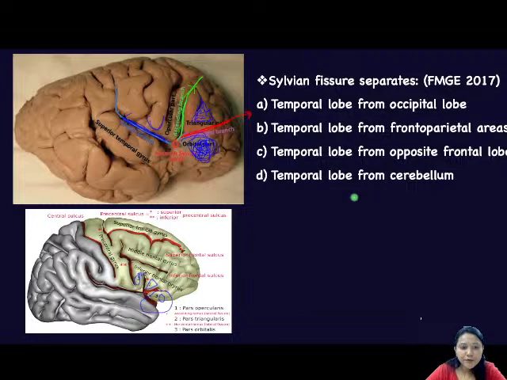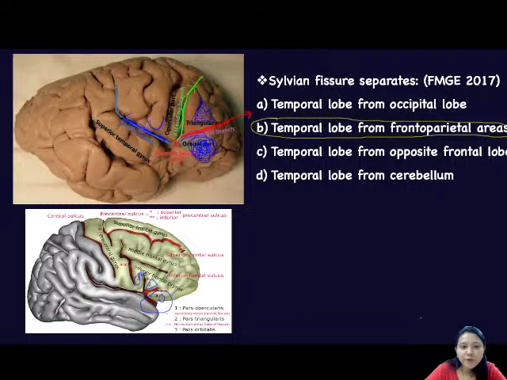Okay, so Sylvian fissure, as I already told you, is going to separate the temporal lobe from the frontoparietal areas.